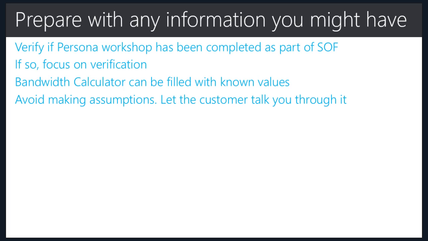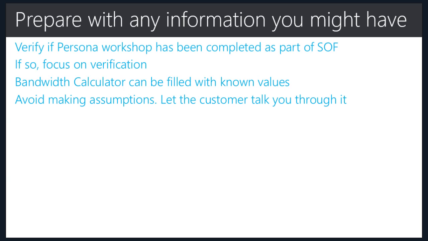Before you deliver this, within SOF, we have a persona workshop. If this persona workshop has been done by your customer, which is why you should always talk to the rest of the deployment team, you can use all of that information in the persona generation.